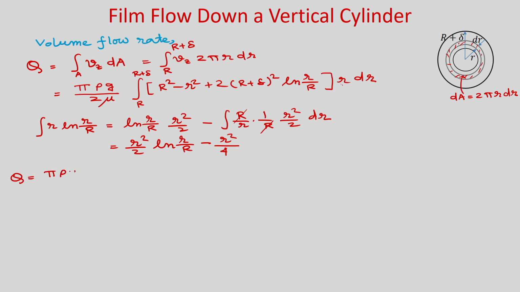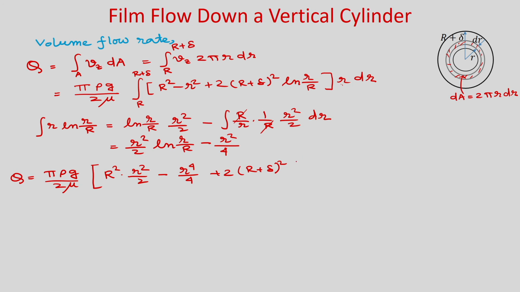Okay. Now, we can write this integral. So, pi rho g by twice mu. So, you can see first term it will be r square into r. So, it will be r square into r square by 2 minus it will be r cube, so r to the power 4 by 4, and plus 2 r plus delta square into integral r ln r by r.